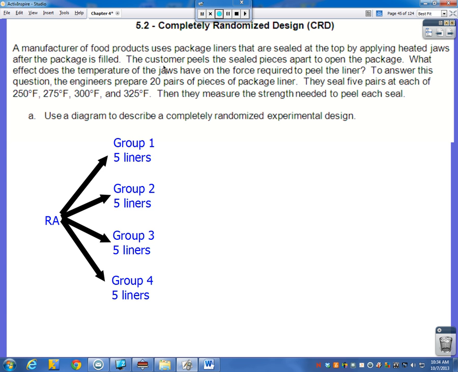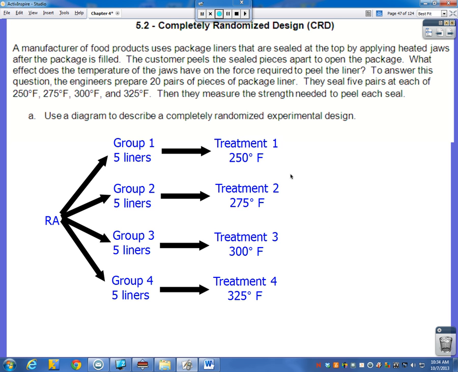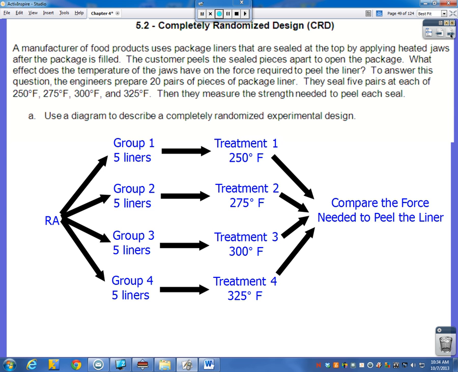and it said I had 20 pairs of pieces. So each group gets 5 liners. And so in each group of liners, here's our 4 treatments at 250, 275, 300, and 325. And then once we have applied our treatment, now we're going to come back together and we're going to compare the force that was needed to peel each liner. Okay?